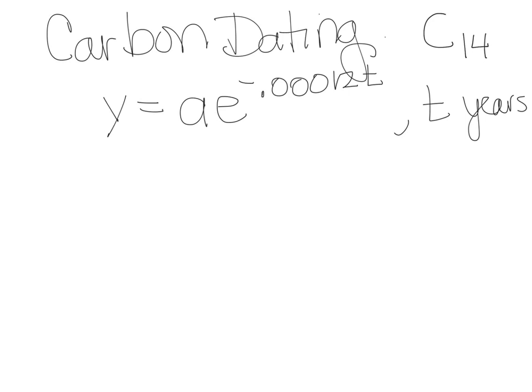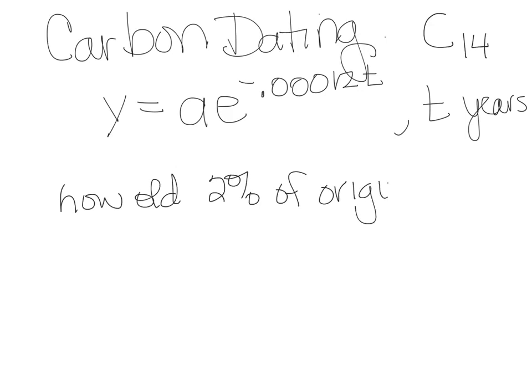So one thing we can do is ask ourselves, how old is something? If when you look at the sample of this artifact, you notice only 2% of the original carbon-14 is present, okay?